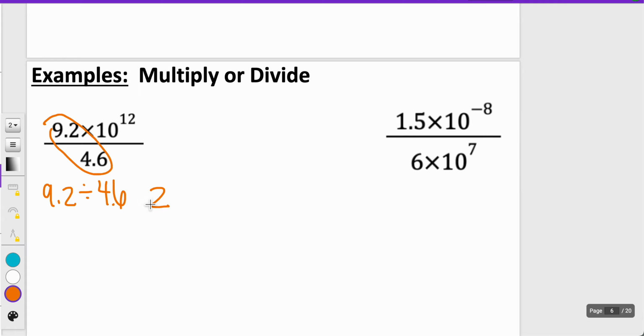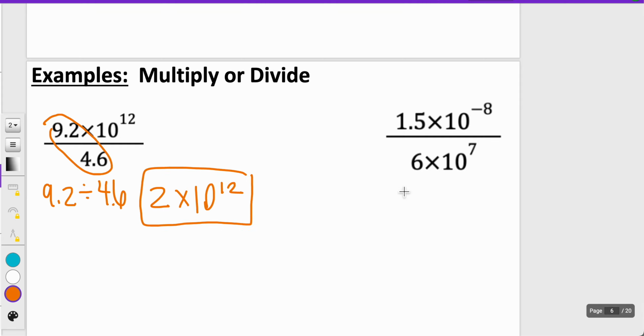And then the next thing we need to look at is our scientific notation and our exponents. We don't have any 10 to the 12th that we need to simplify with something here on the bottom. So we're going to keep that like it is and say times 10 to the 12th. This is already written in scientific notation, so this would be our final answer.